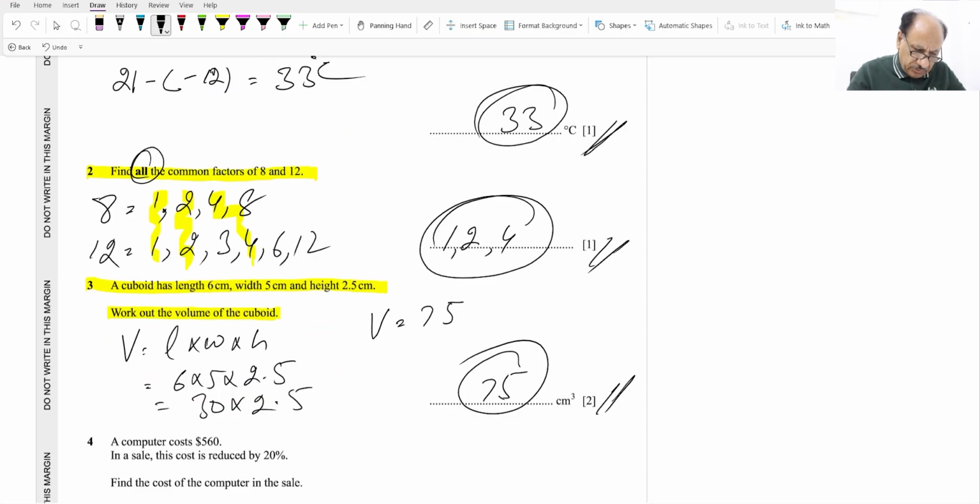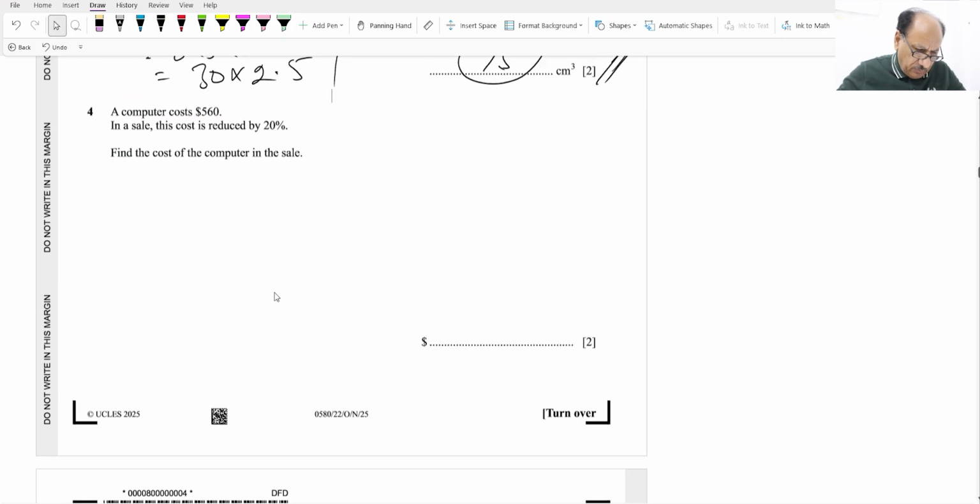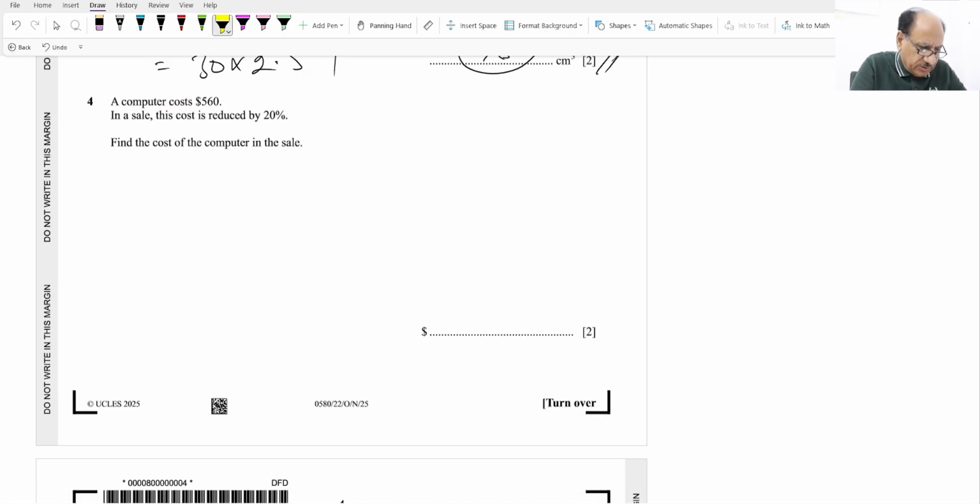Hopefully you understand this. Now question number 4 says a computer costs 560. In a sale, this cost is reduced by 20%. So 20% reduction, and they are saying find the cost of the computer in sale. So we are using 100 minus the reduced percentage, which is 20, divided by 100 and multiplied by the amount, which is 560.